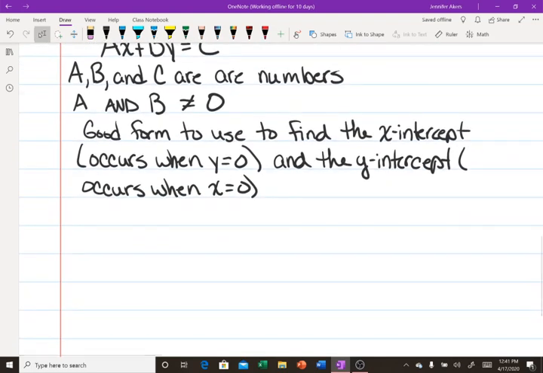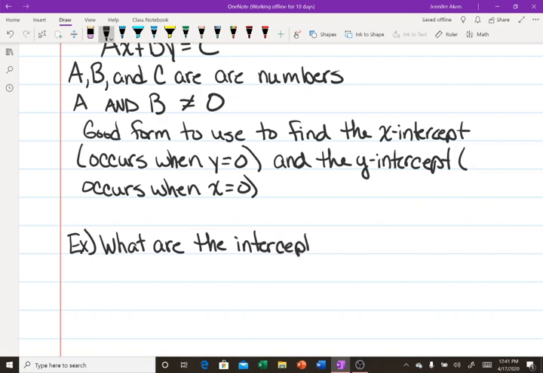Alright, let's look at an example of standard form. What are the intercepts of 3x plus 5y equals 15?